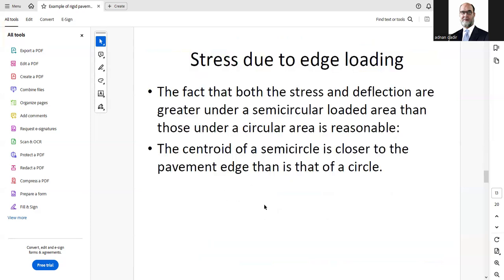Now we will discuss stress due to edge loading. The fact that both stresses and deflection are greater under a semicircular load than those under a circular load is reasonable. The centroid of the semicircle is closer to the pavement edge than that of the circle.